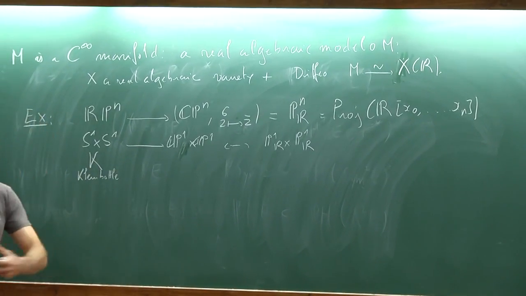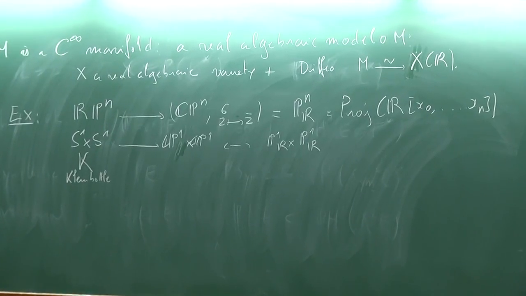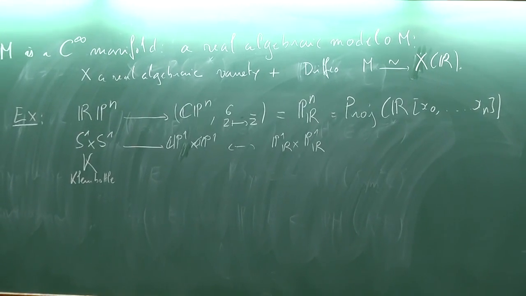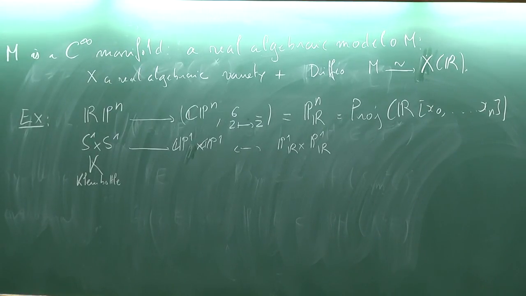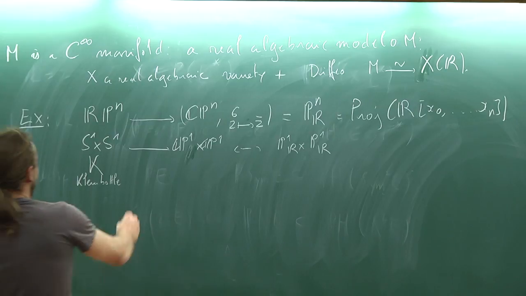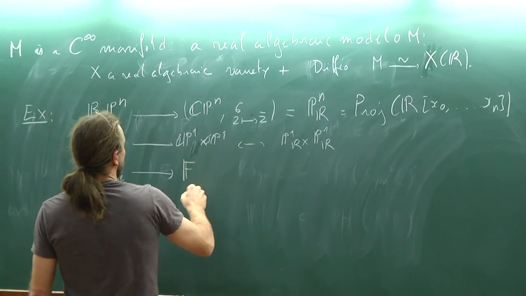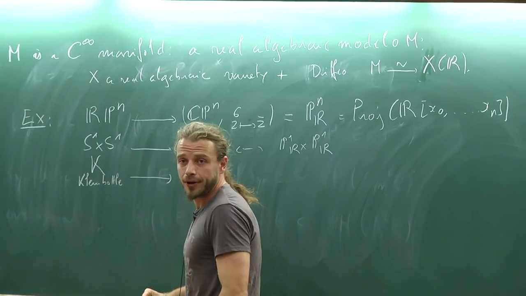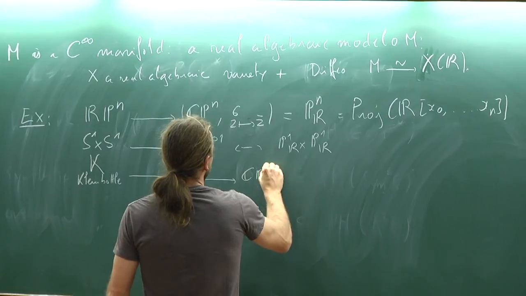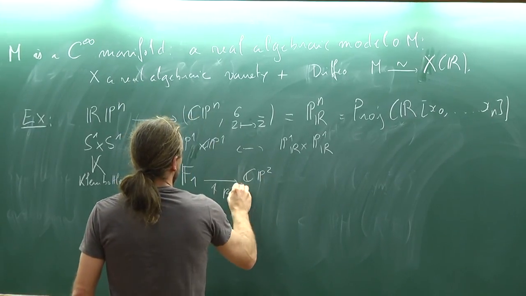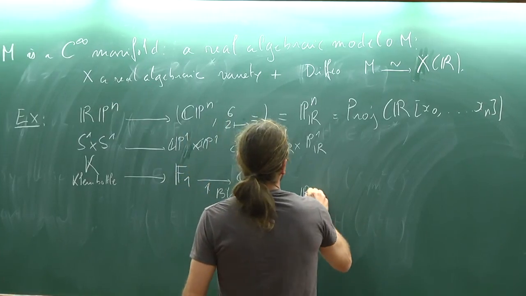So you know this first non-orientable surface has the structure of a circle bundle over the circle with a non-zero Euler class. The real algebraic model is just the first Hirzebruch surface F_1, which you view as the blow-up of CP^2 at a real point.